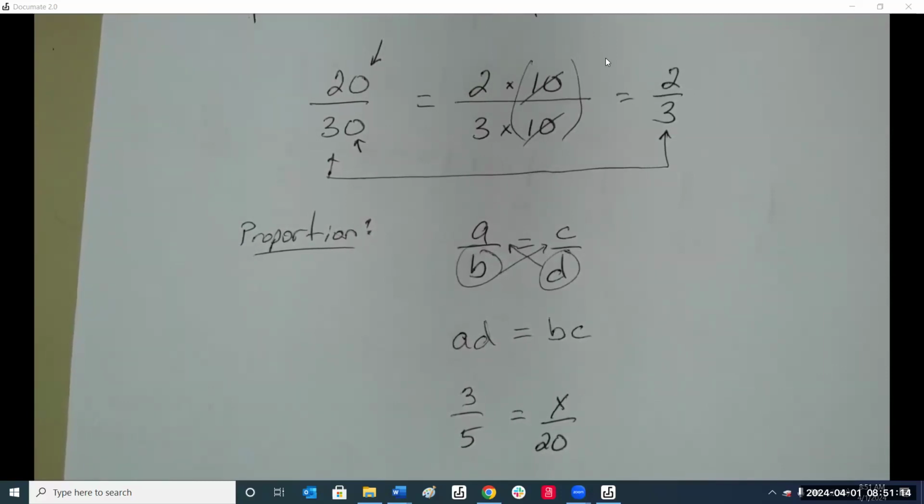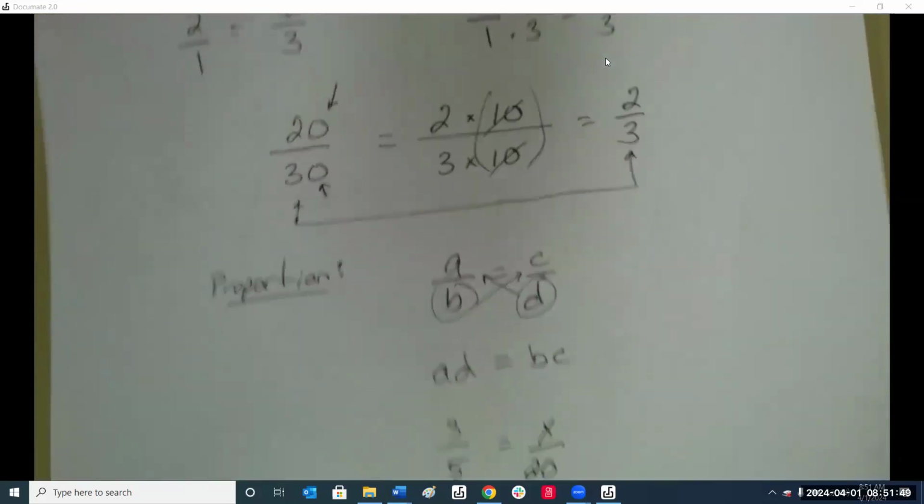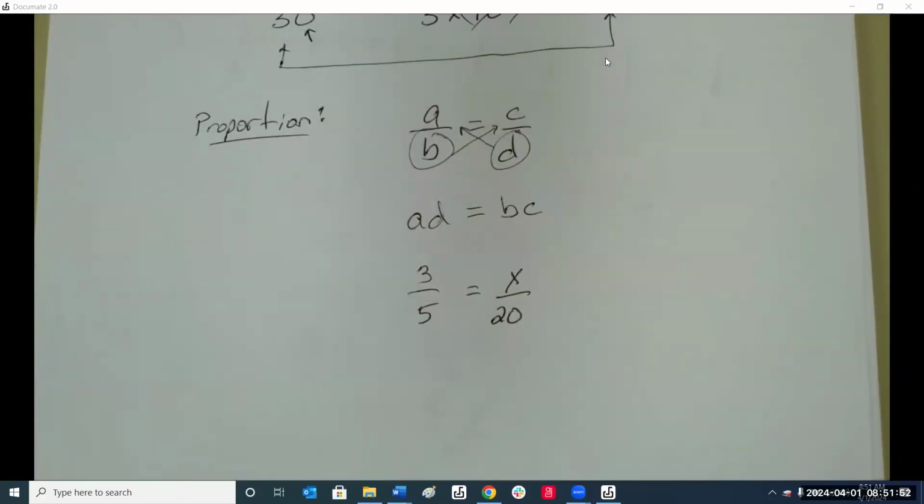How about that one? 3 over 5 equals x over 20. So what's the first thing you do?